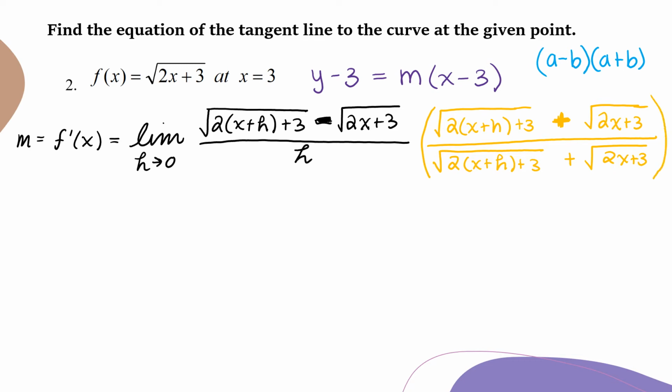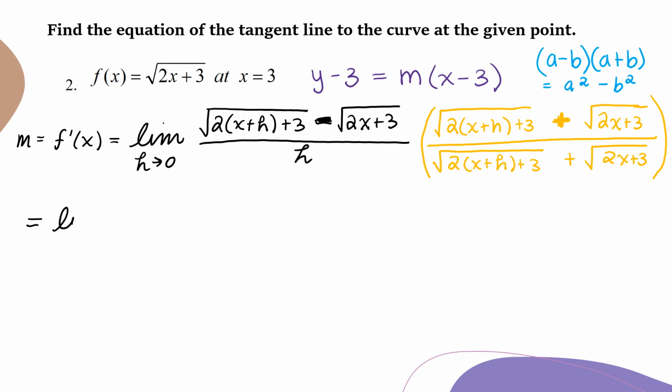When you multiply by the conjugate, you've created a difference of squares. So rather than distributing all of this out, we're going to use our wonderful shortcut, where a minus b times a plus b is equal to a squared minus b squared. So you square the first term and you square the second term.